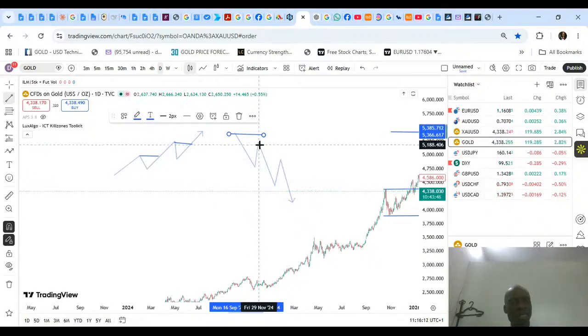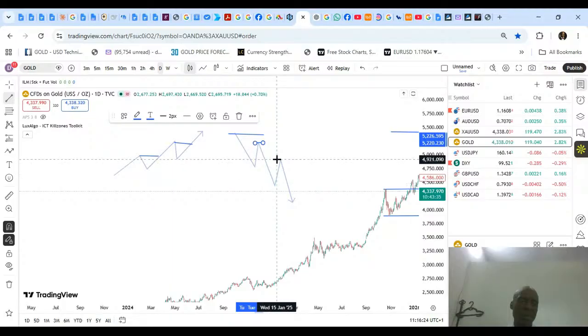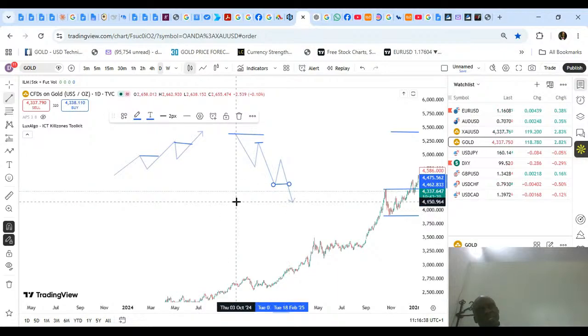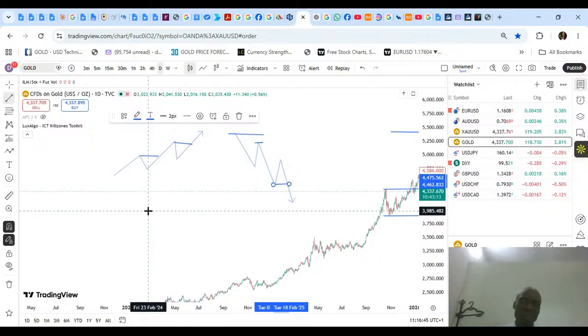It stops at a certain point, and then it moves down to create a lower low. Then it pulls up again, creates a lower high, and then breaks through the structure of the previous low and creates a new low. So if we have a market that is doing that, we say it's a downtrending market.